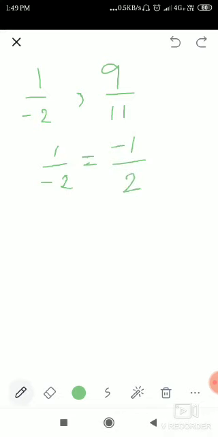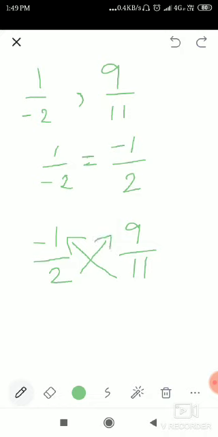You can use the cross multiplication method as you studied in 6th standard. So minus 1 by 2 and 9 by 11. Cross multiply the numerator with the denominator.